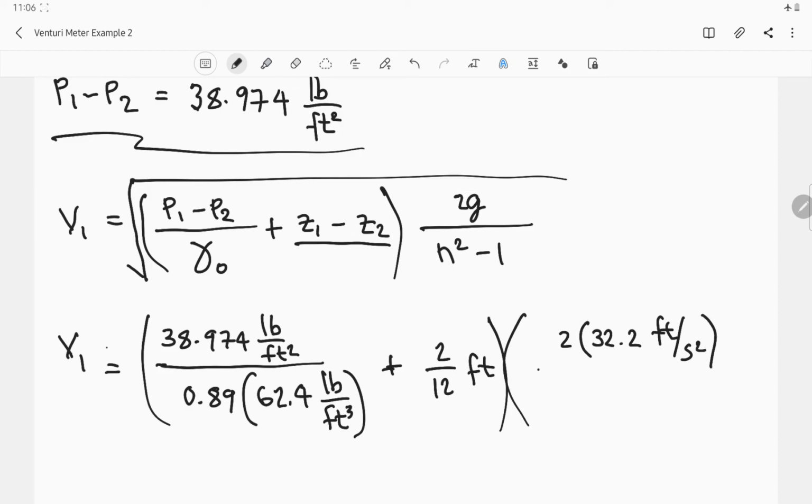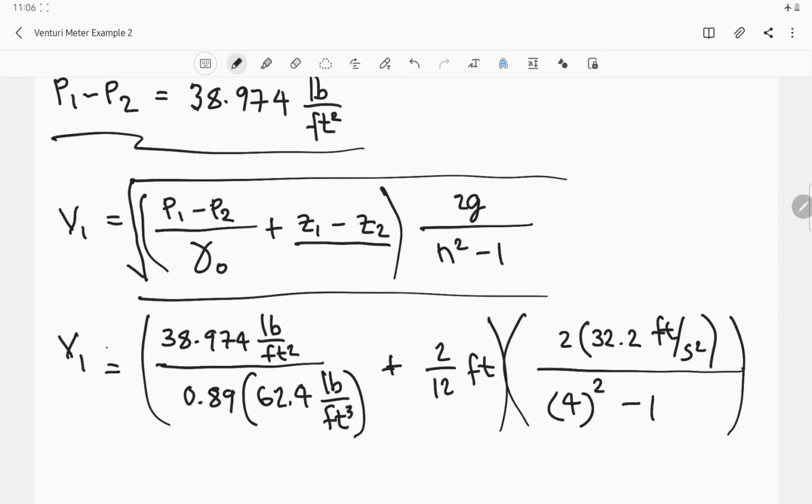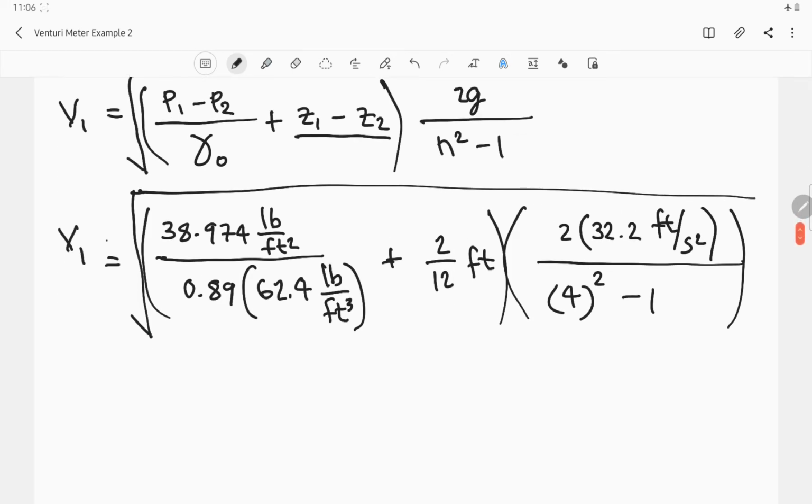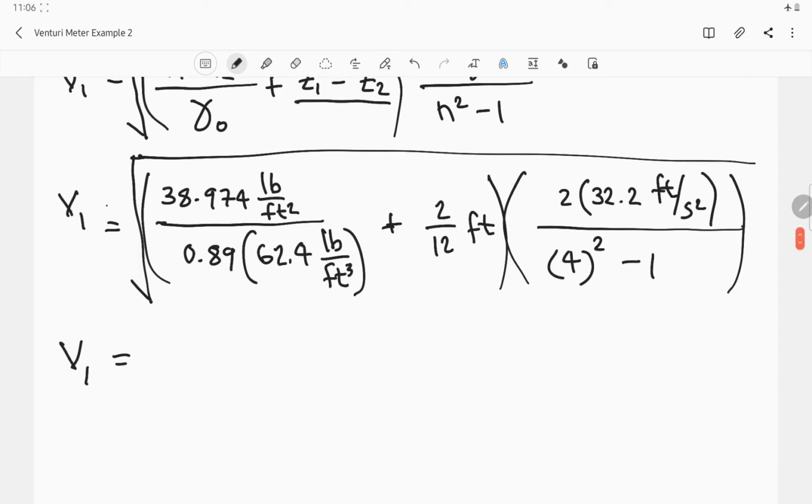Do not forget the unit so you won't be confused. Then the n to the fourth, minus 1. So the unit would be in feet per second.